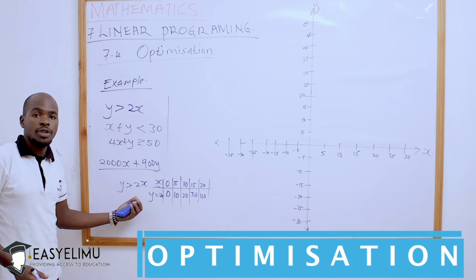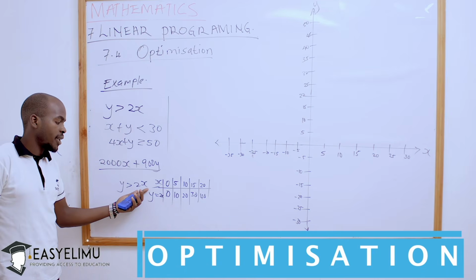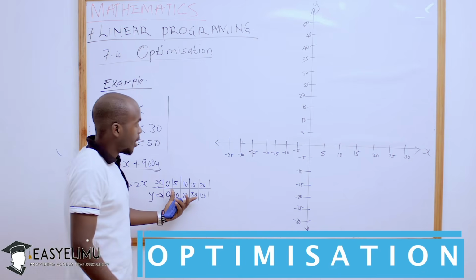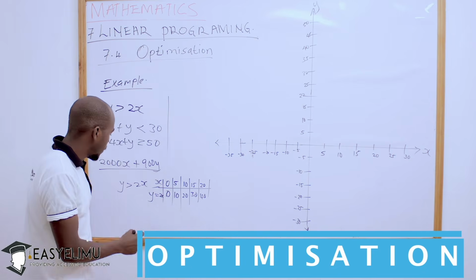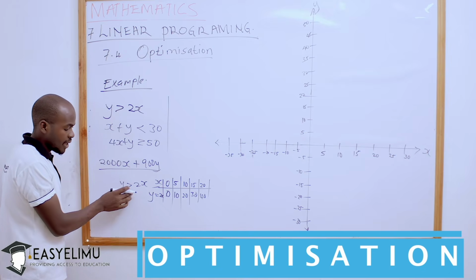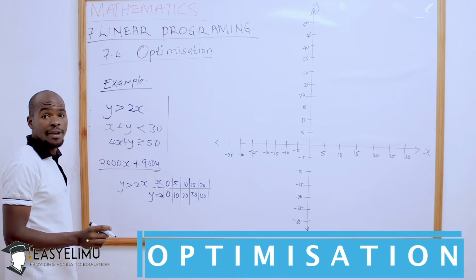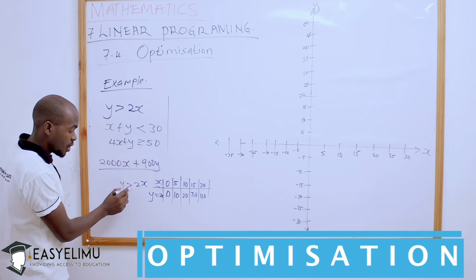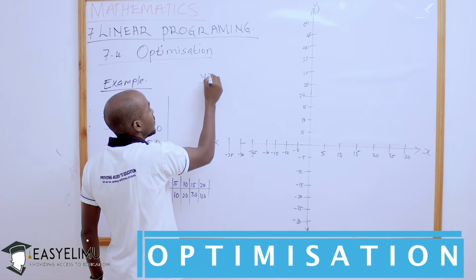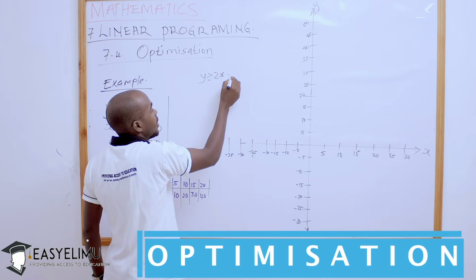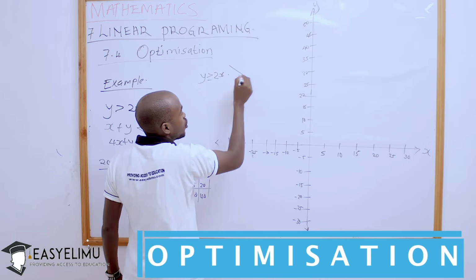Now I will plot y is greater than 2x, first plotting the line y equals 2x. Because this one is greater than, the line will be dotted because it is not greater than or equal to. If it were y is greater than or equal to 2x, then the line would be continuous.